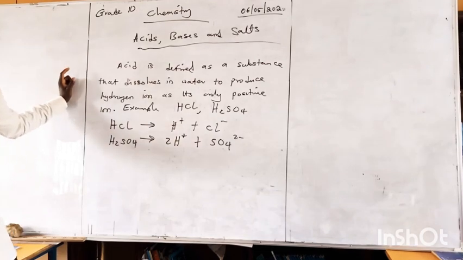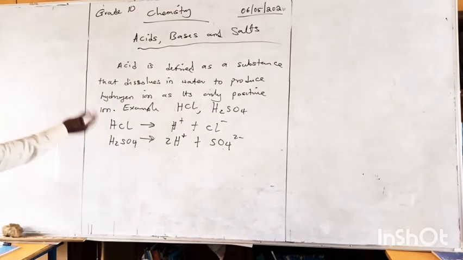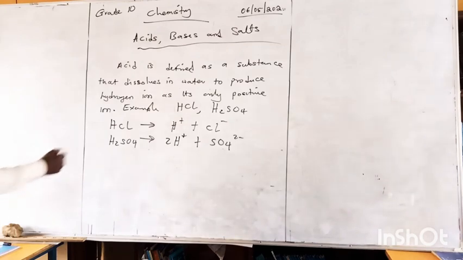We can classify acid based on its nature. For example, we can classify acid as organic and inorganic acid.